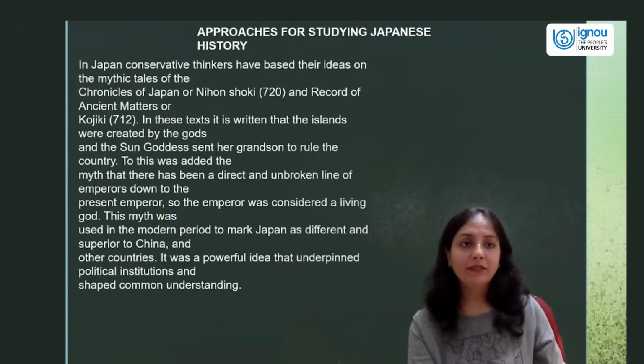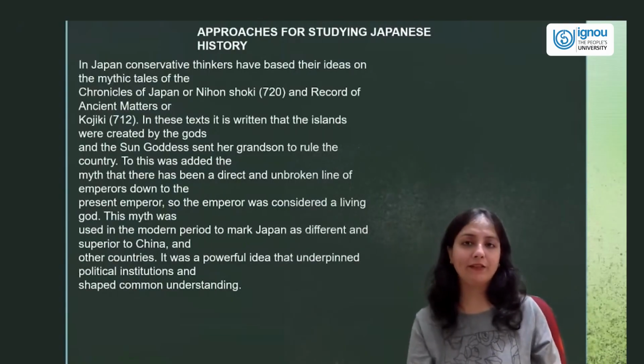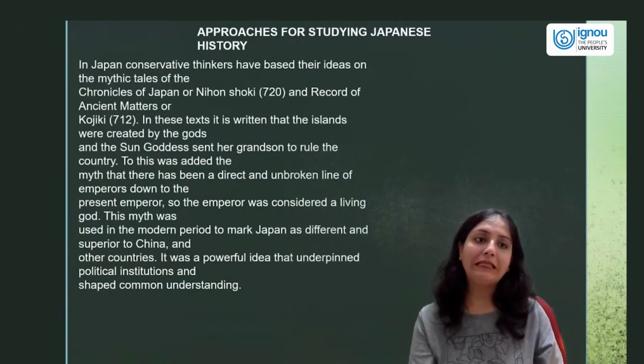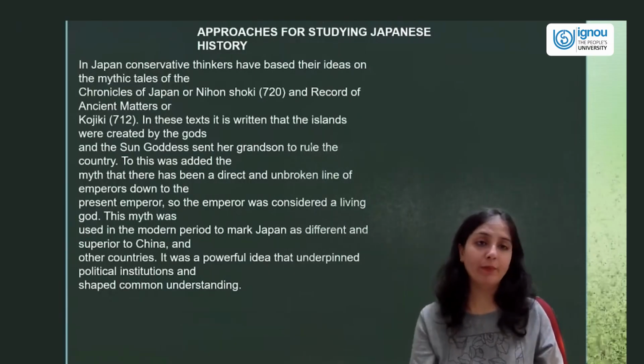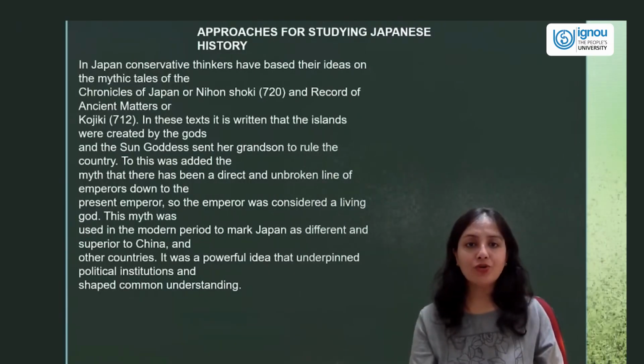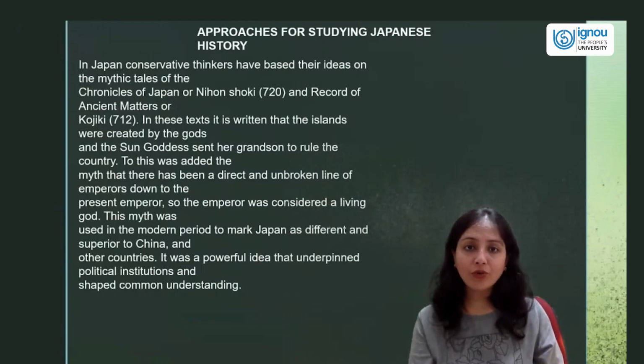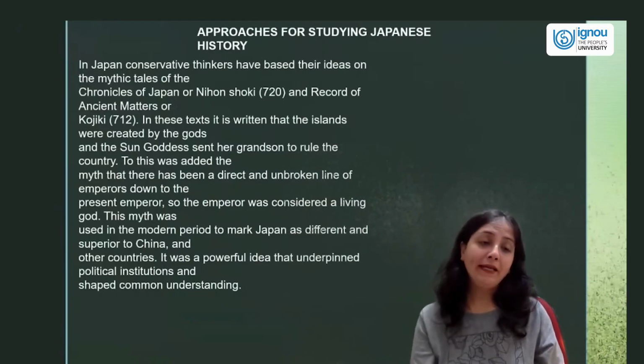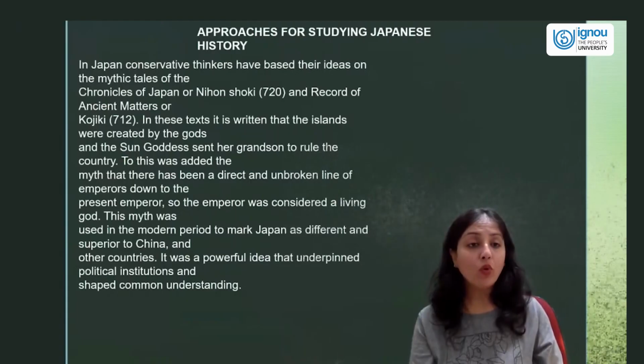In Japan, conservative thinkers have based their ideas on the mythic tales of the Chronicles of Japan, or Nihon Shoki, and the Record of Ancient Matters, or Kojiki.